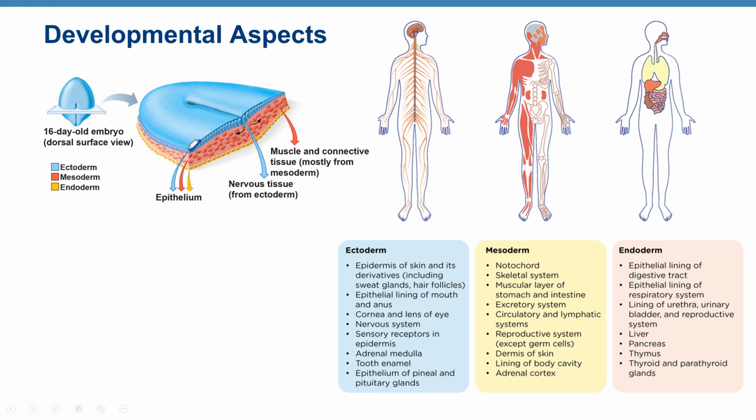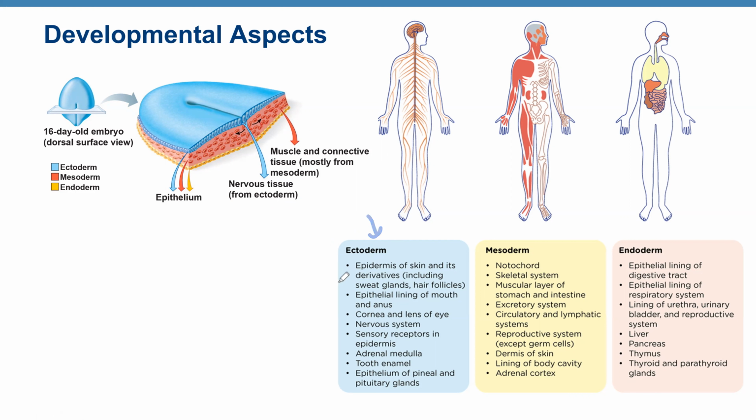Then ectoderm also gives rise to nervous tissue, and mesoderm differentiates into muscle and connective tissue. So it's mostly from mesoderm. But if you look here, we have a more detailed list of organs and structures from all three layers.